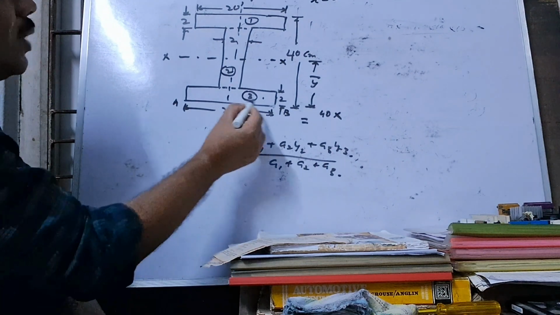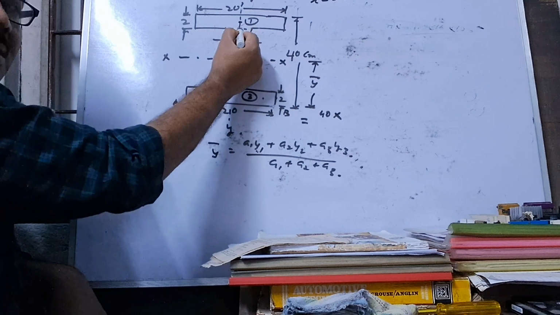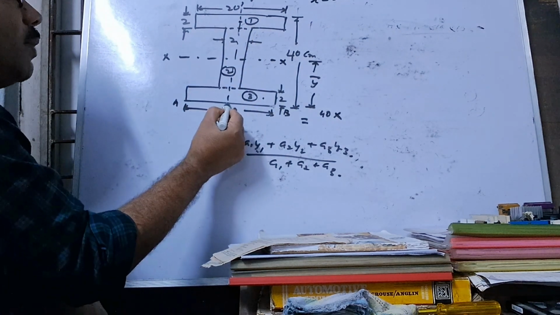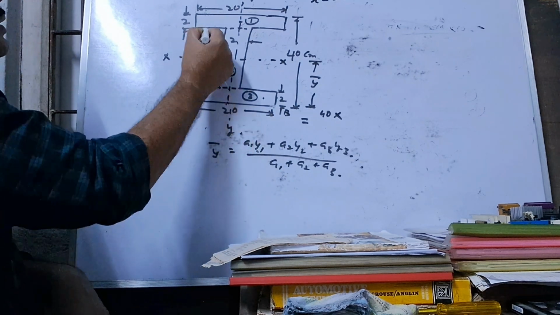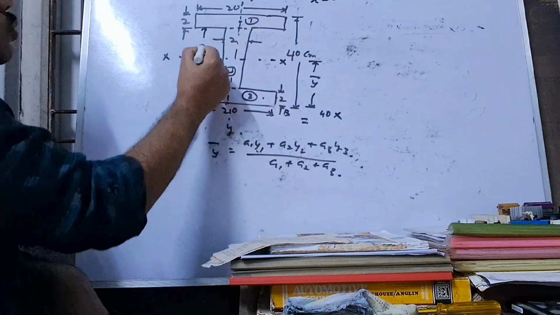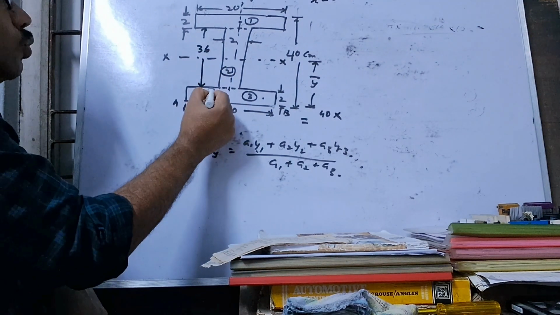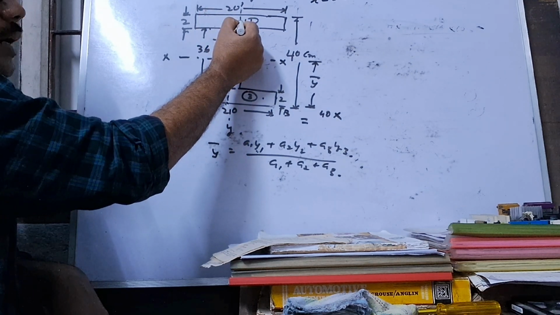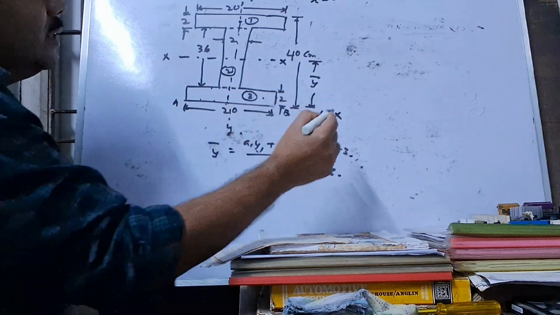So y1, that means the CG of one section from AB. From AB, first of all, this is 2, and this is 2 and 2, that means this is 36 here. So this is 2 plus 36 plus this point, that means this is 1, 2, 36, 1, that means this is 39.